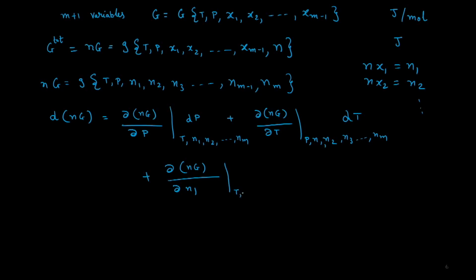When I hold the temperature, pressure, and all the remaining moles except 1. Because I'm taking the derivative with respect to 1, I have to hold all the remaining moles constant.